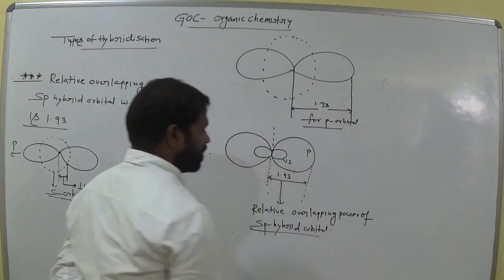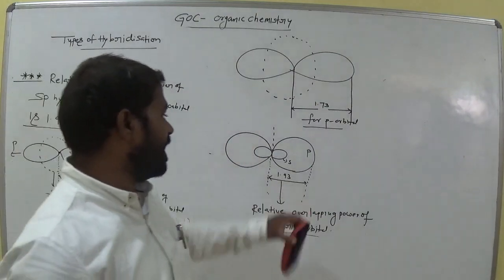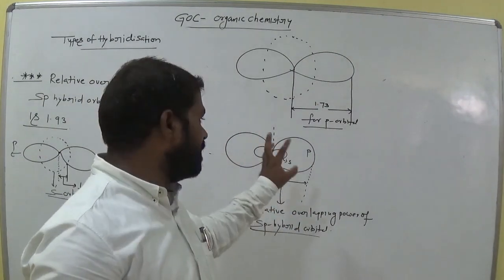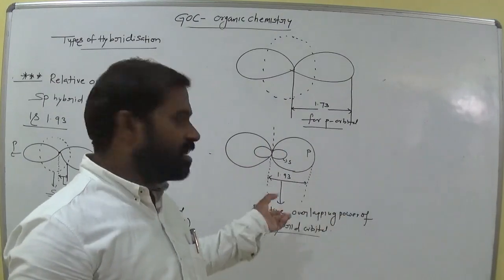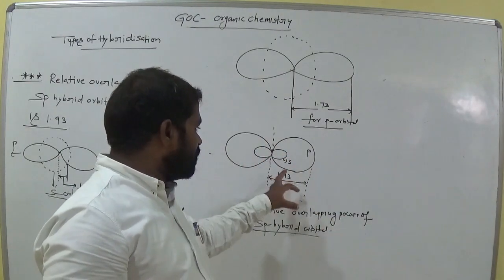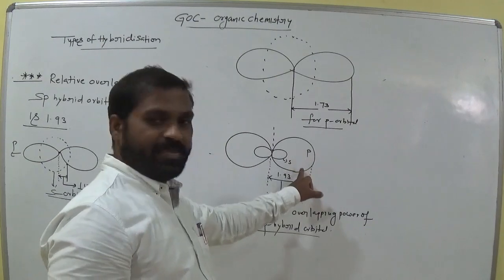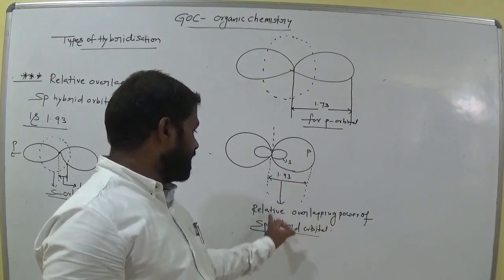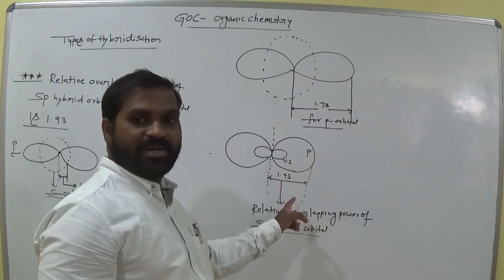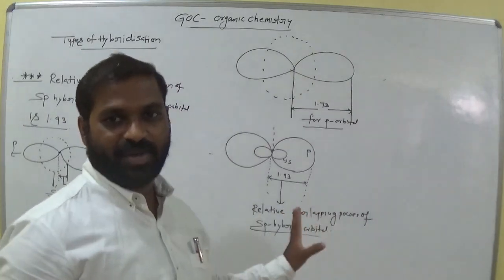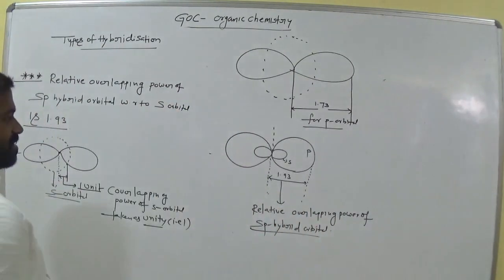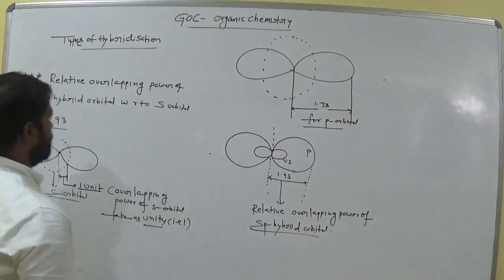What is the relative overlapping power of the sp orbital? For the s orbital it is 1, for the p orbital 1.73. So after overlapping, the relative overlapping power of the sp orbital is taken as 1.90. Remember this point. No need for this explanation, this value we need.